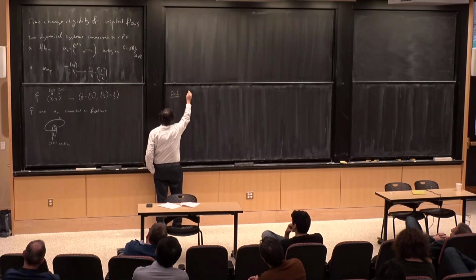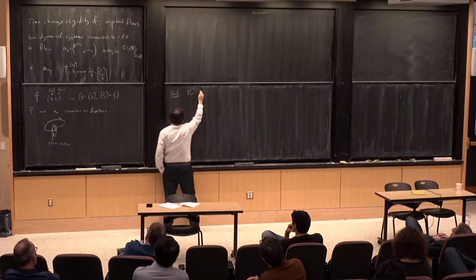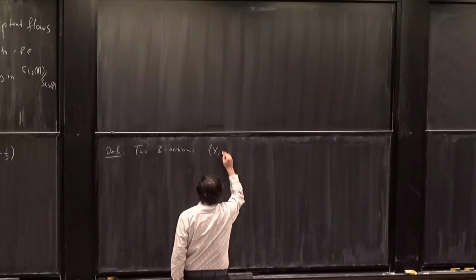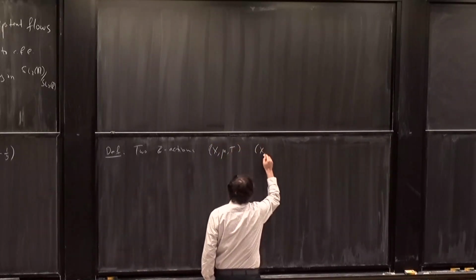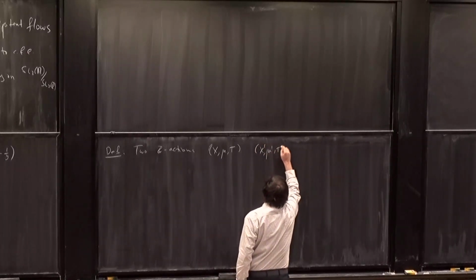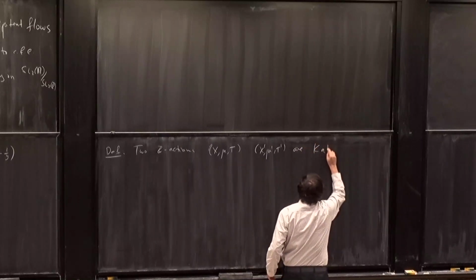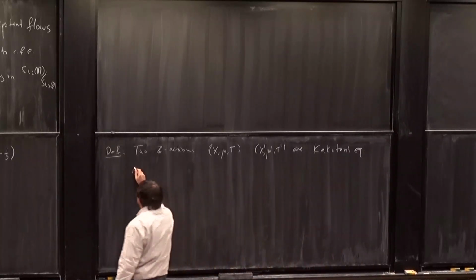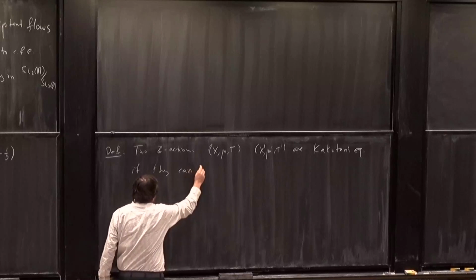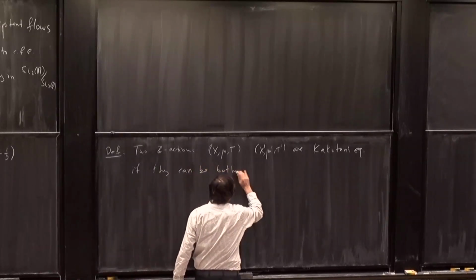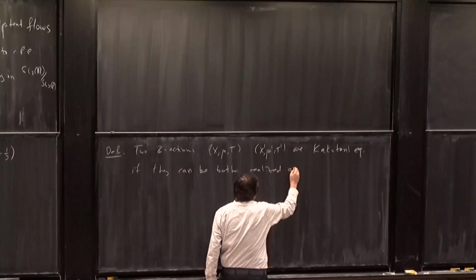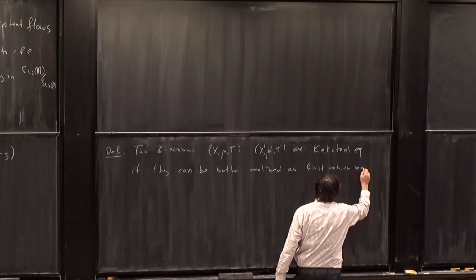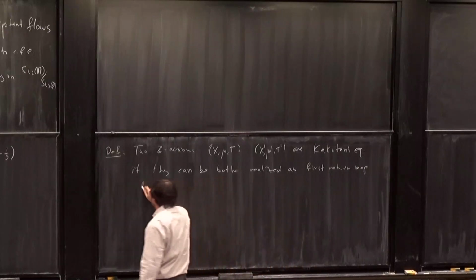So definition: two Z actions (X, mu, T) and (X prime, mu prime, T prime) are Kakutani equivalent if you could realize both as a first return map for a cross section in the same flow.